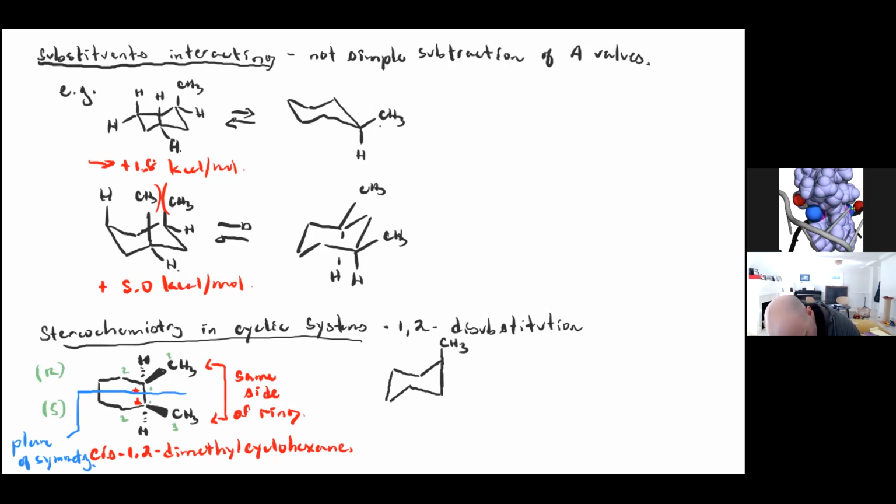So there's a CH3 up, and there's a CH3 up. Okay. And let's give the carbons numbers so we can keep track of everything. Let's call this A and B, A and B, okay?